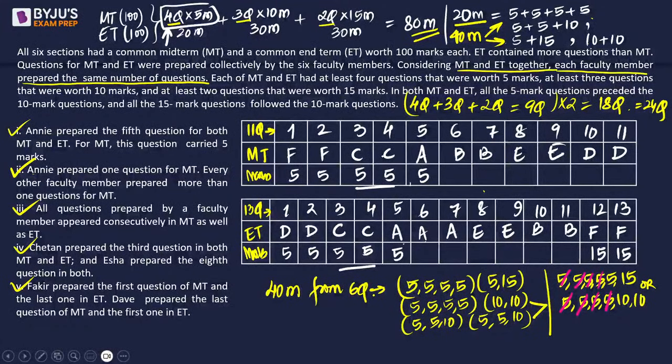Three questions that were worth 10 marks. See, we are supposed to put 3 tens and 2 15s. So worst case, if I fill in that 3 tens and 2 15s are being filled, so what about the 6th? Can this be a 5?